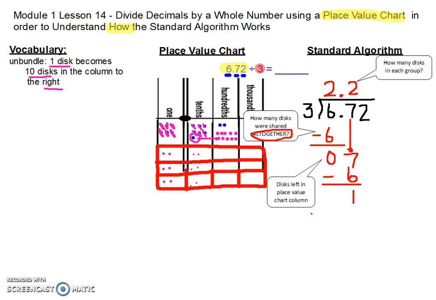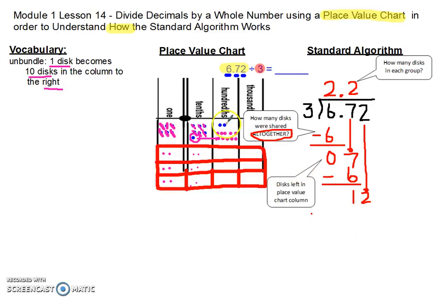And now we want to share them out equally among my 3 groups. But first, let's see if it matches up with our standard algorithm. We want to drop this 2 down, and we should have 12 discs in our new column, which we do, so we're right on track.